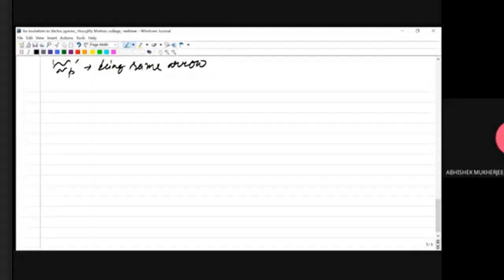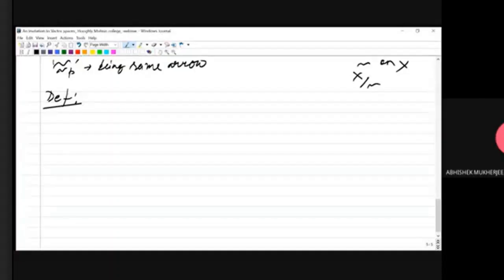So this is your notation. Once you have an equivalence relation on a set, then you can construct a quotient set, right? So suppose you have an equivalence relation on X, then you can define a quotient set comprising all the distinct equivalence classes determined by this relation. Here also we are considering the distinct equivalence classes of X under this equivalence relation.